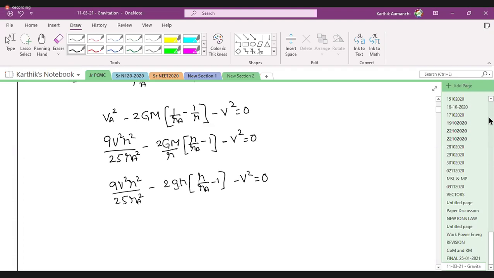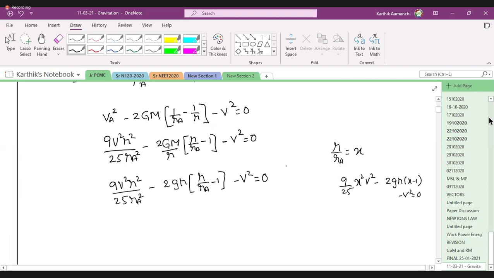This excess R I am getting, I have to remove it. If I can remove that, I will take R by RA to be some X, then I'll get 9 by 25 X square into V square minus 2GR into X minus 1 minus V square is equal to 0. It will be a quadratic equation, right?